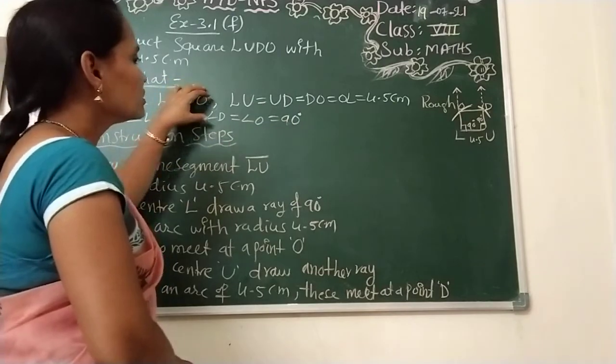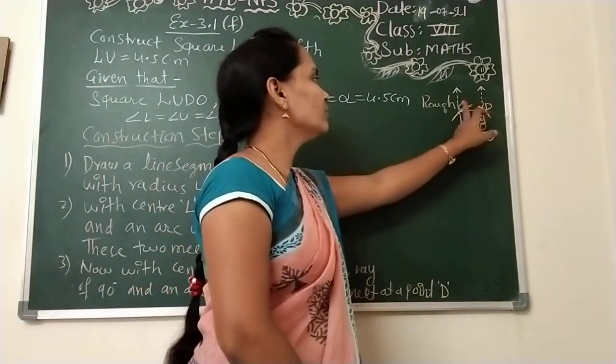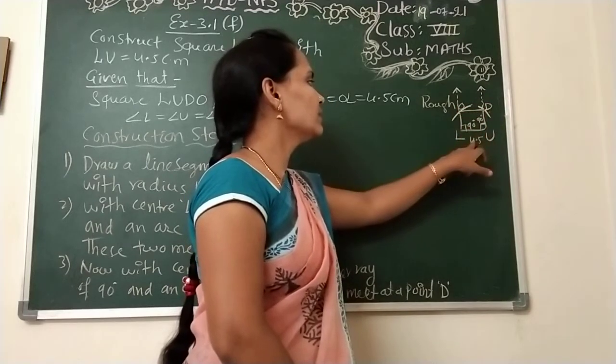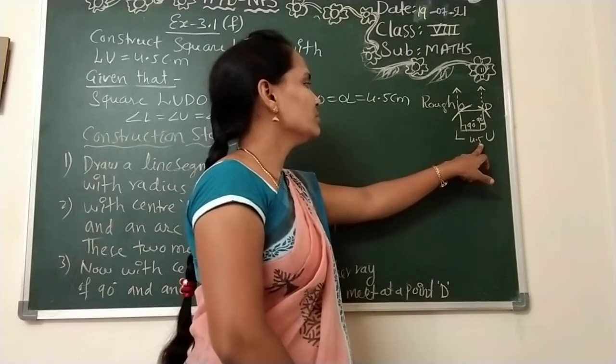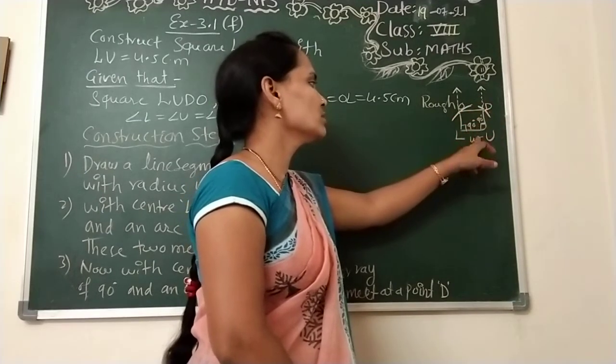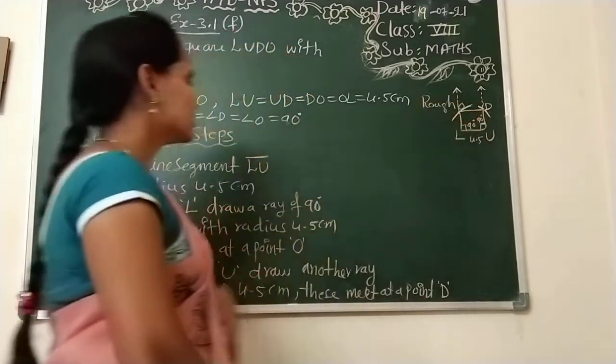By using this we can draw the rough diagram of LUDO. One side length is 4.5 centimeters, so the opposite side and adjacent sides, all four sides, are the same length, and all four angles we can consider 90.